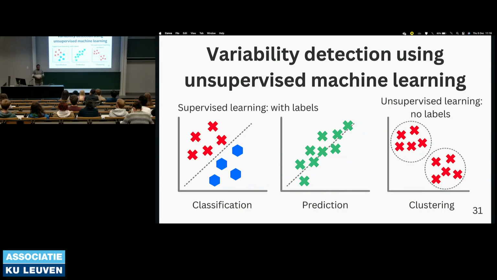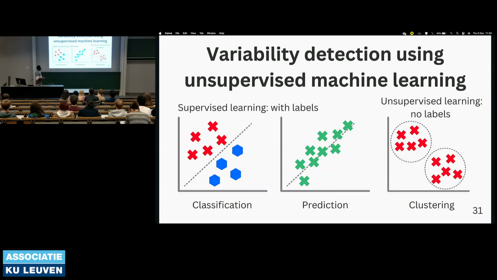Unsupervised machine learning deals with data where we don't have the labels when we train the models, as you can see on the right plot here. So the model tries to understand the underlying structure of the data, and the goal is to get something like clustering, as you can see in this plot, and we try to label them.